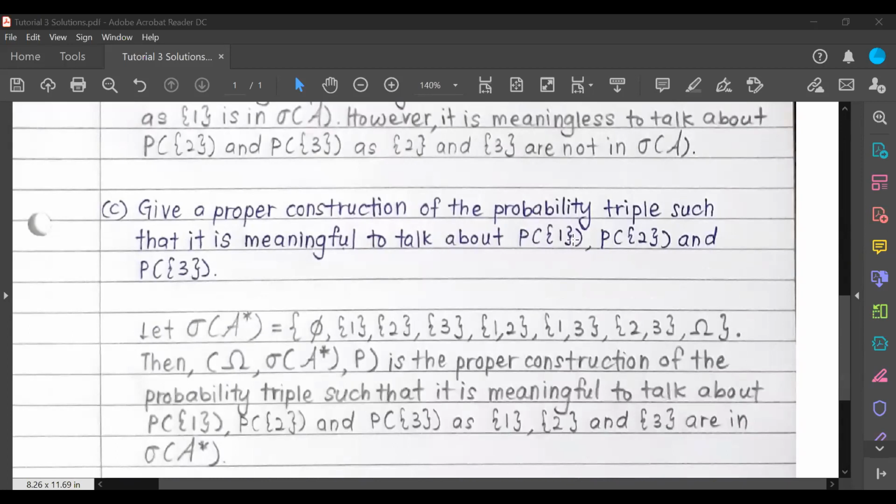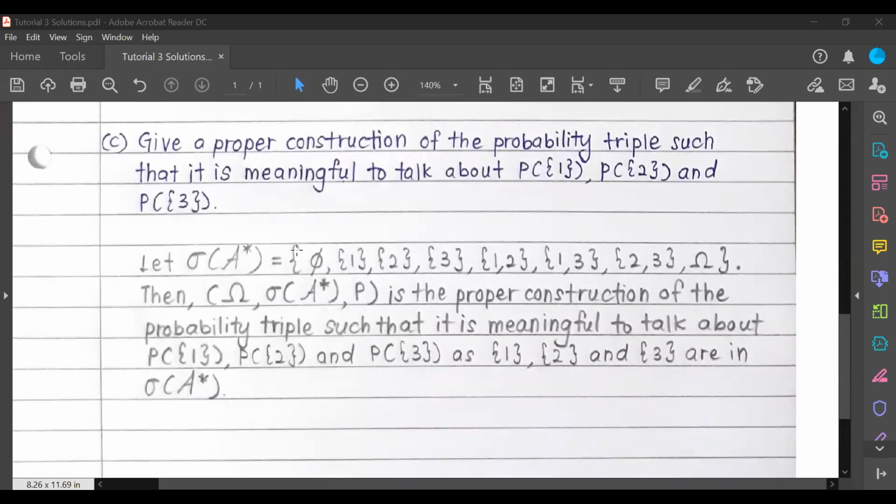All right. So for C, give a proper construction of the probability triple such that it is meaningful to talk about the probability of {1}, {2}, and {3}. So I let my sigma field generated by A star be a new sigma field, which consists of the empty set, {1}, {2}, {3}, {1, 2}, {1, 3}, {2, 3}, and the omega. So this is a sigma field.